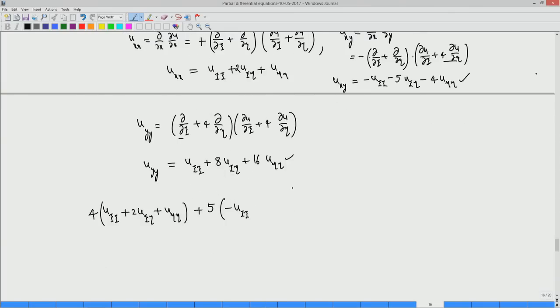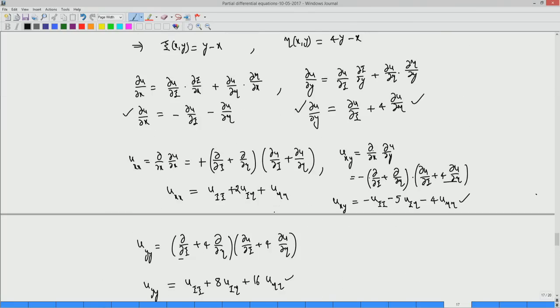Then finally, you see that u xi minus 5 u xi eta minus 4 u eta eta plus uyy. Uyy is u xi plus 8 u xi eta plus 16 u eta eta plus ux. Ux is simply u xi plus u eta.